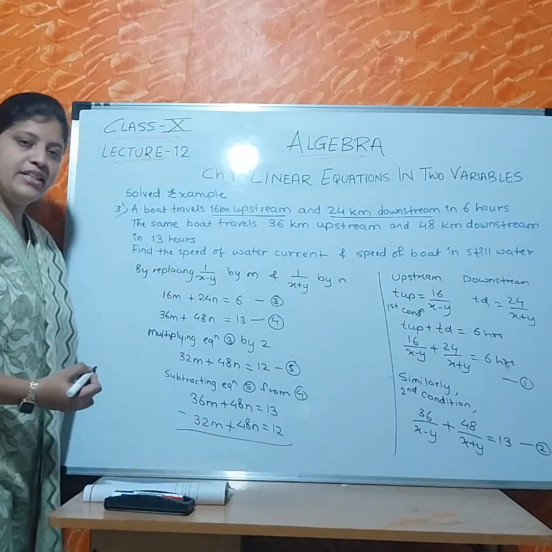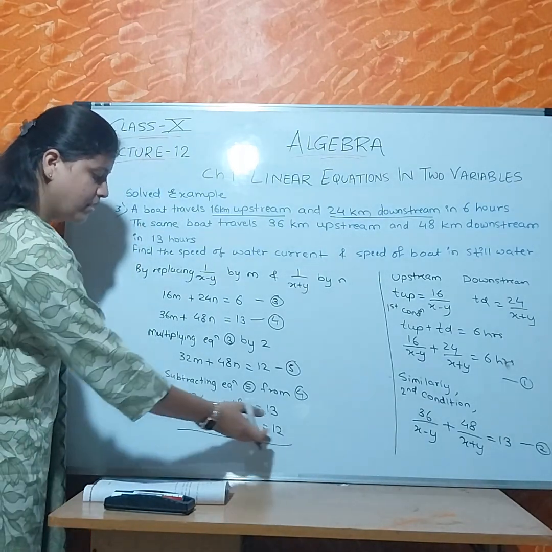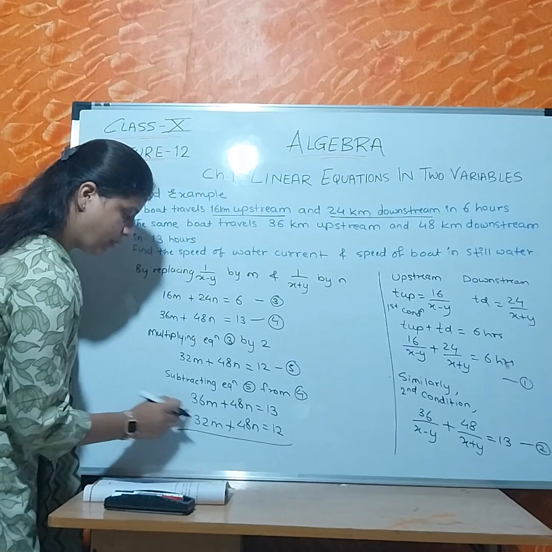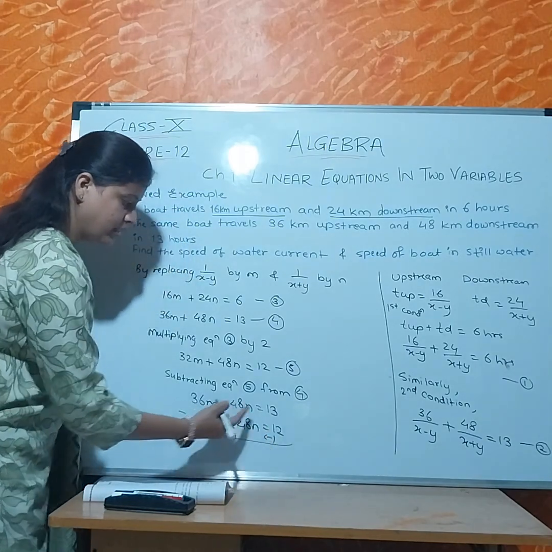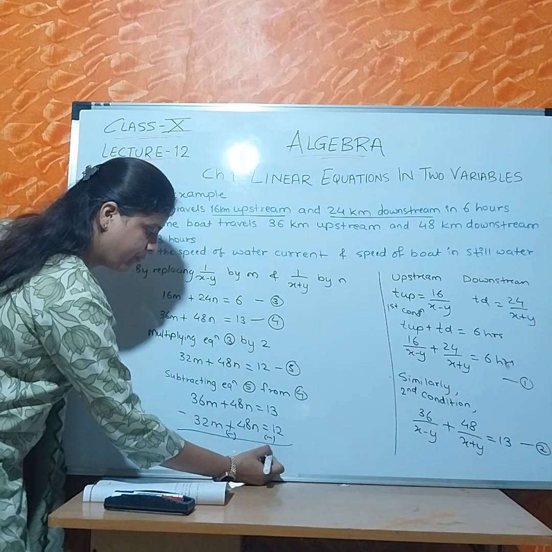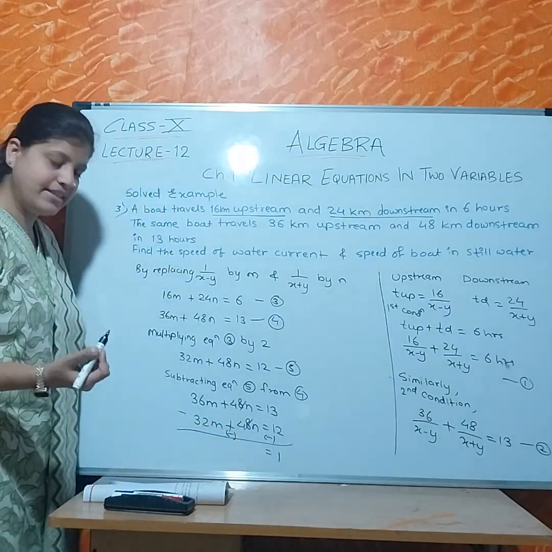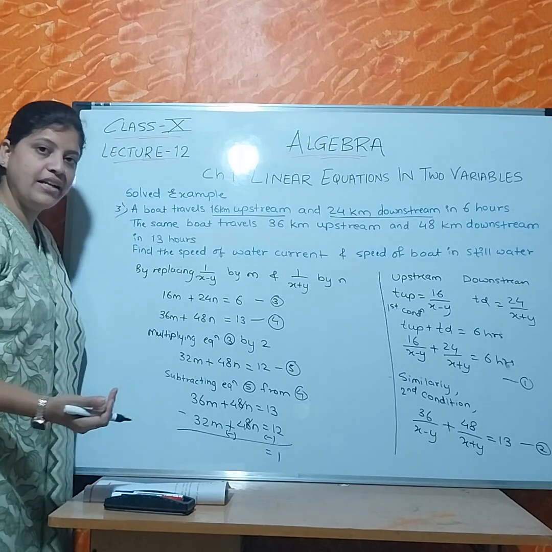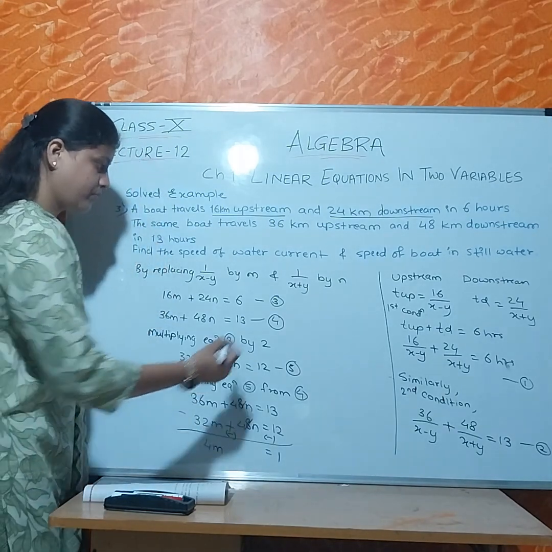So let us subtract both equations. If there is a sign of minus, all the signs below will change. So minus plus becomes minus, minus plus becomes minus. So 13 minus 12, 1, and 48n minus 48n gets cancelled. 36 minus 32m, the answer is 4m.